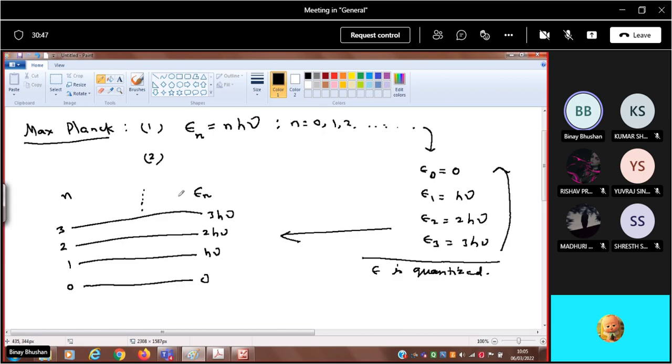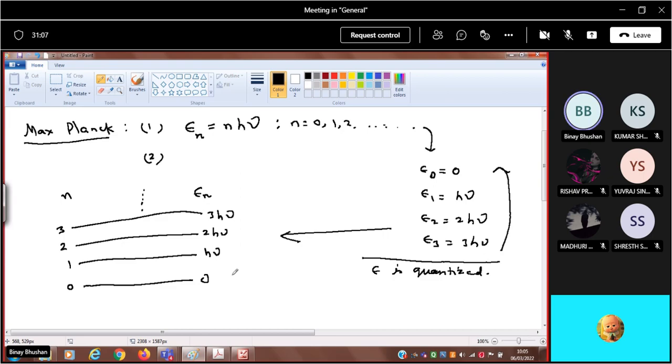And the second assumption of Max Planck was that when an oscillator goes from a higher state to a lower state, then it emits radiation. And when it goes from a lower state to a higher state, then it absorbs radiation.